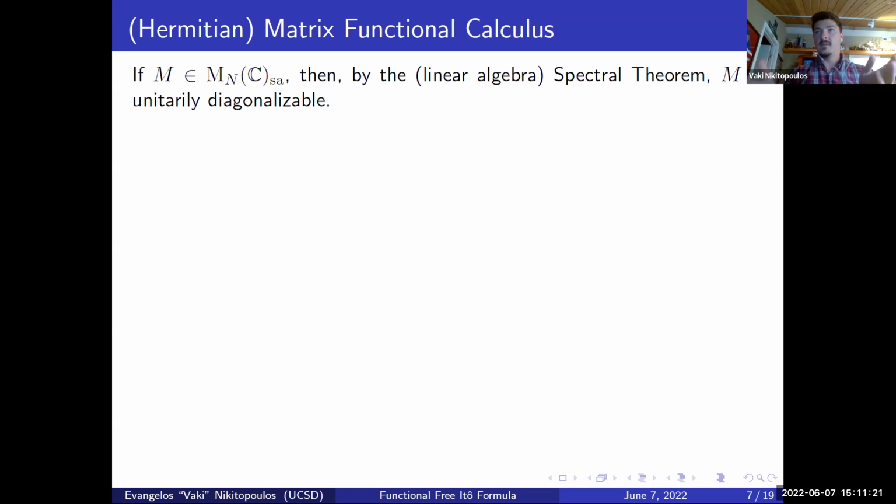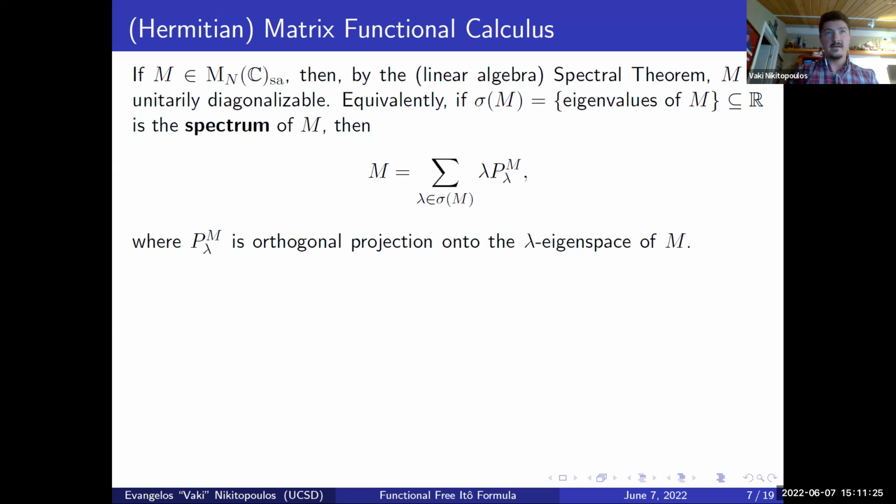But I'll set some notation for the finite dimensional version here. So equivalently, we can say that M is decomposable as this sum over the eigenvalues lambda of M of lambda times P_lambda^M, where P_lambda^M is the orthogonal projection onto the lambda eigenspace of M. So that's my favorite way to view orthogonal diagonalizability. You can prove that that is equivalent.